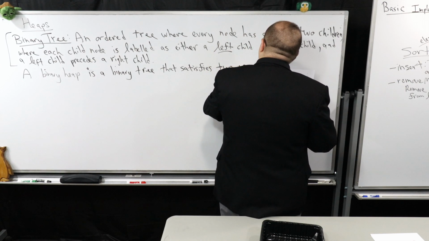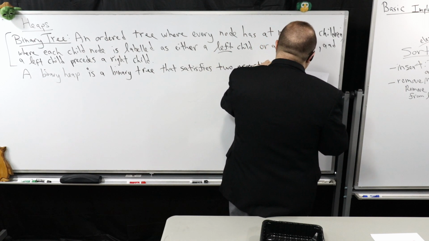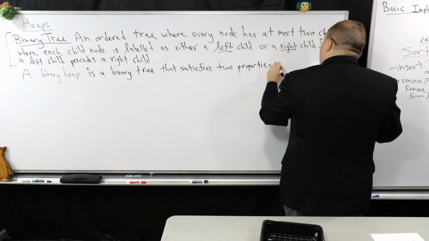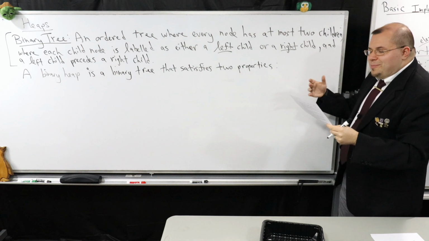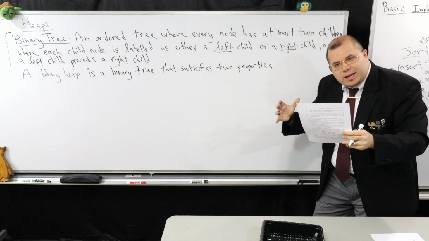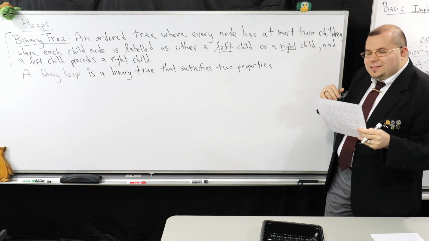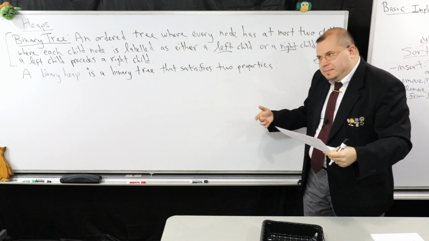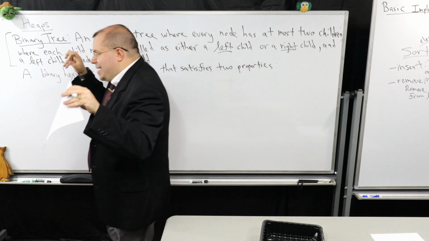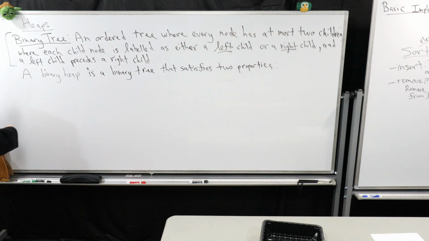The point of these properties is to make sure that we have something that maintains the rough shape of this tree, and that it also has the property that it's nearly complete. When I say nearly, I'm using air quotes here. I'm going to define what both of those mean.